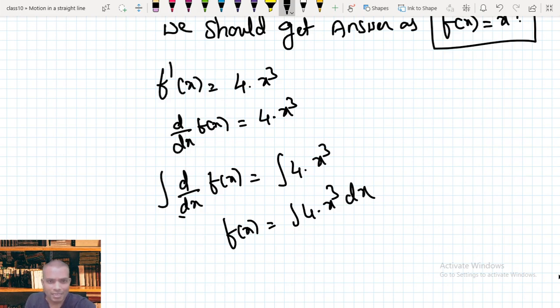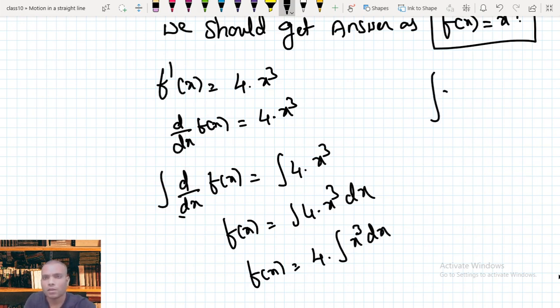Either you can send the dx to the other side and cancel the differentiation and integration. So which is the leftover? Therefore f of x equals 4 times the integral of x cube dx. Here you can apply the formula: the integral of x power n dx equals x power n plus 1 upon n plus 1. In the place of n, my value equals 3.